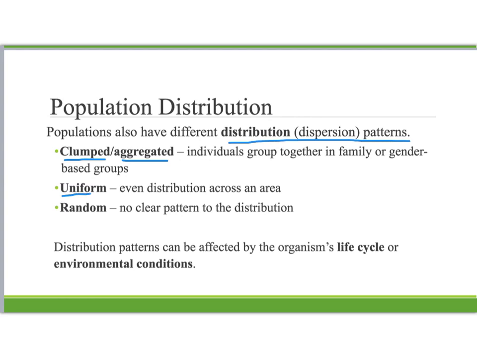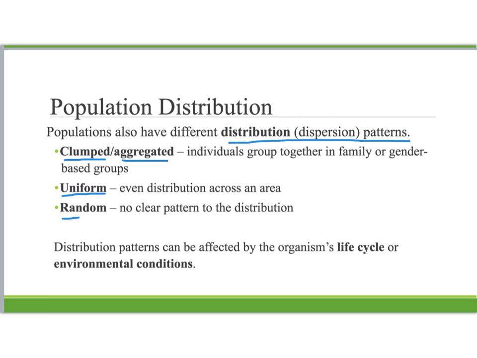A uniform distribution is when there's fairly even distribution across an area. When people plant trees for Christmas, say they have a Christmas tree farm, you have very even distribution because the trees would be planted in nice even rows. But this also can happen naturally in different portions of an organism's life cycle.